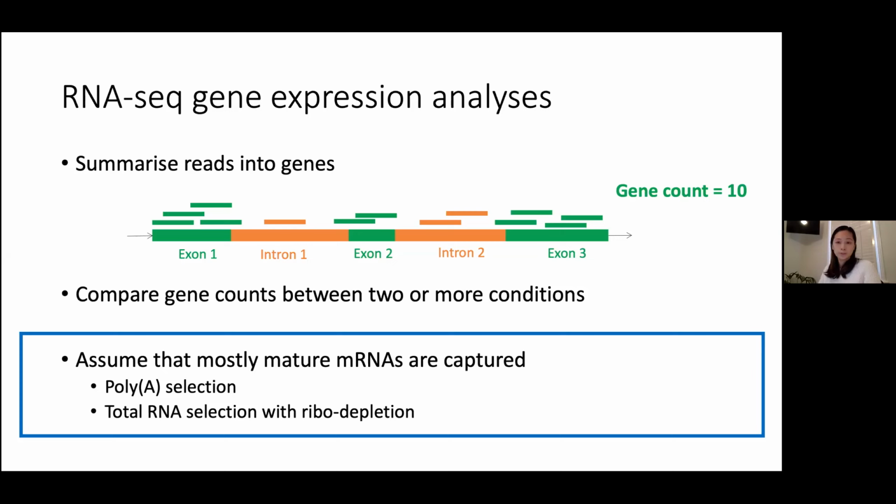Two of the most popular library preparation protocols are poly-A selection and total RNA selection with ribodepletion, and both of those are enriched for the mRNAs that we're interested in. So all of that checks out if that's the assumption that we're working off.